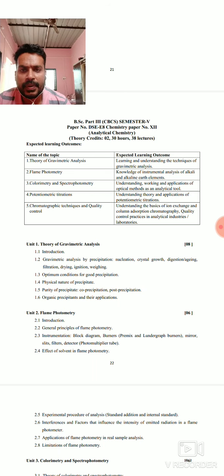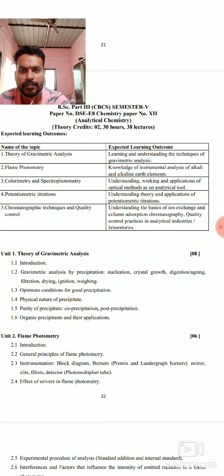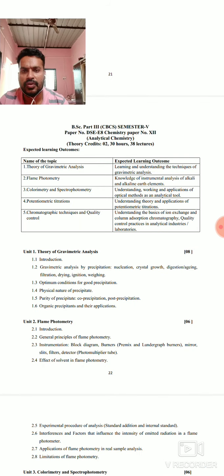Now this paper includes a total of 5 topics. The names of the topics are: theory of gravimetric analysis, the second topic flame photometry, the third topic colorimetry and spectrophotometry, fourth one is potentiometric titration, and last one is chromatographic technique and quality control.